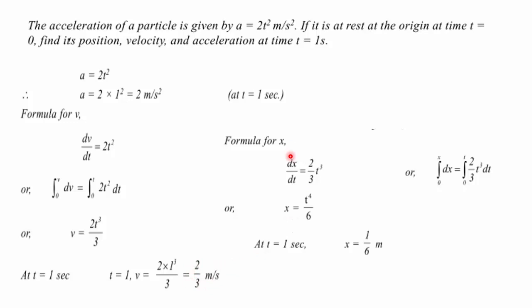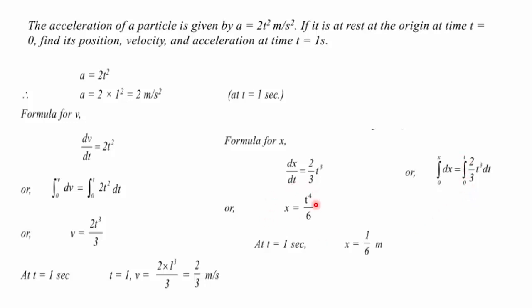Similarly, I will use the definition of velocity as dx/dt, the rate of change of position, and I already have the velocity value as 2t cubed by 3, so I will substitute here. Now I will integrate this way, taking x to the left hand side and the time to the other side, with the limit 0 to x, where 0 is my starting position, and x is the final position, with initial time 0 and final time t.